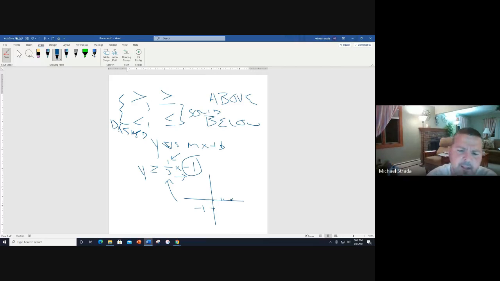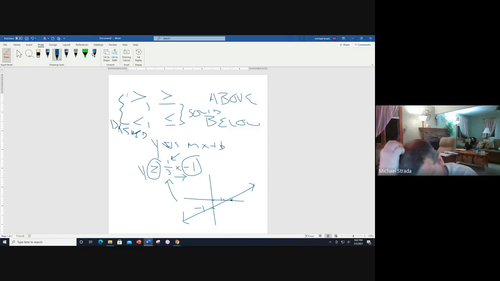Plot that point. I then look at my inequality itself. It has a line underneath. So I connect them with a solid line. All right. And then I look at the inequality itself, which is above. So I would just shade above because there's an infinite number of solutions. All right, that should cover the graphing component.